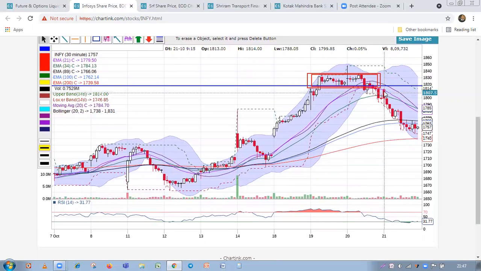Okay, today it opened higher, but it made a high of around 1814. We can say it reached up to yesterday's breakout level on the lower side, somewhere around 1820, but could not break the upper side.